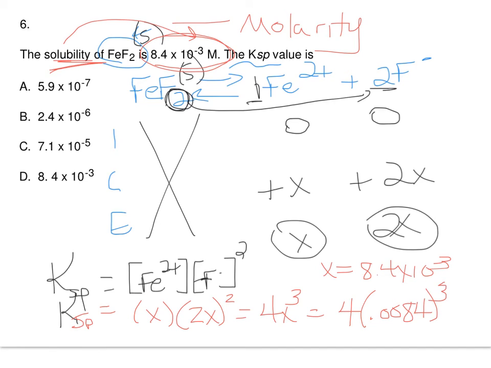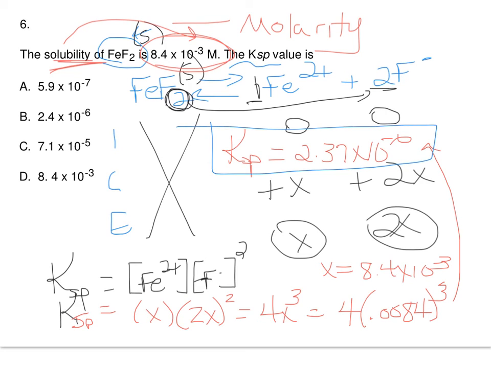I'm going to go ahead and calculate what that is. Alrighty, so then when we plug all that in, we get that Ksp equals 2.37 times 10 to the minus 6.